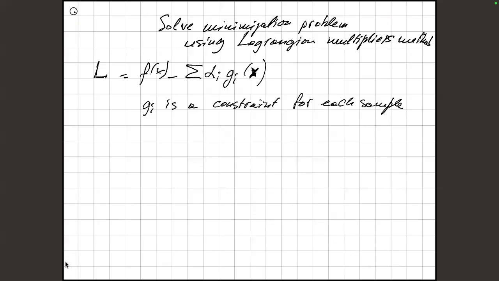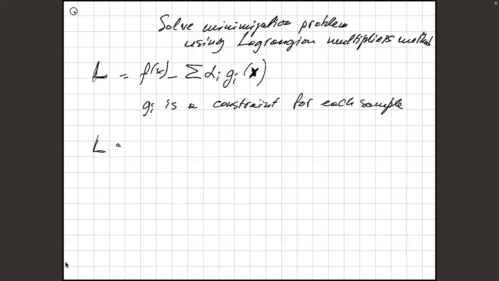But now let's actually write this Lagrangian in full. So we now include the function that we want to minimize.